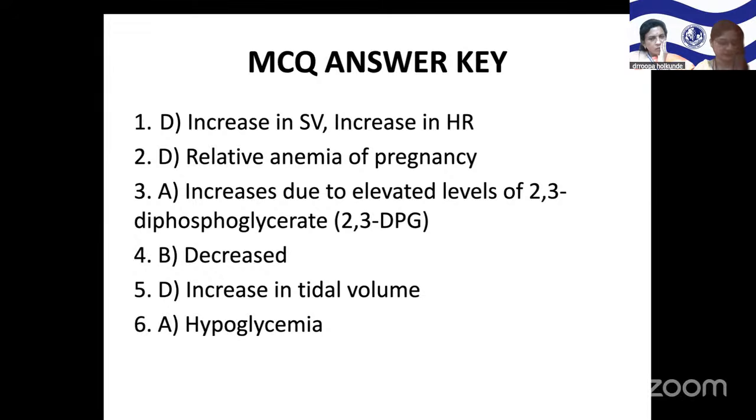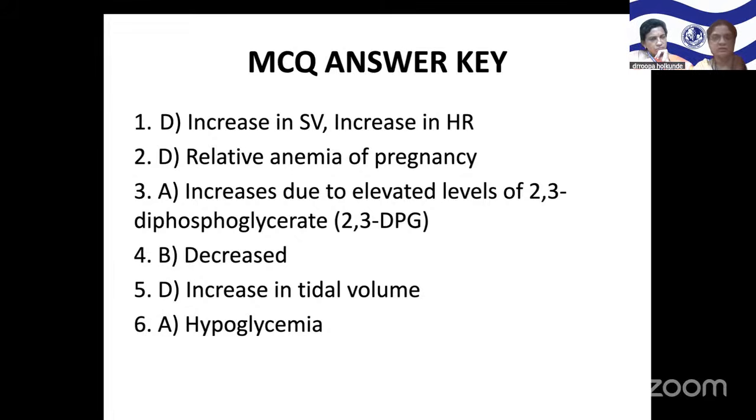And in the third MCQ, the P50 for maternal hemoglobin increases due to elevated levels of 2,3-diphosphoglycerate. Then coming over to the fourth MCQ, when providing general anesthesia during pregnancy, the MAC is decreased.